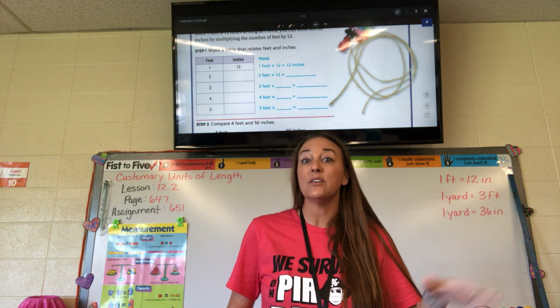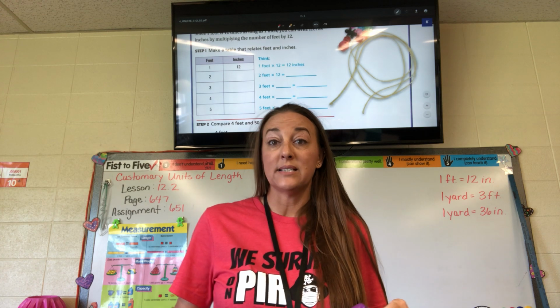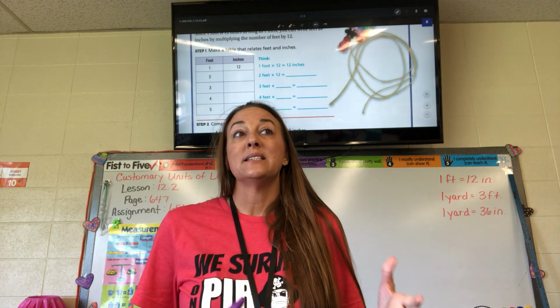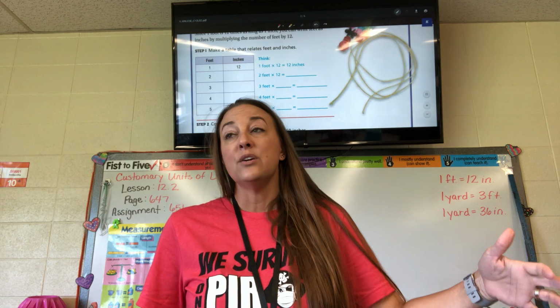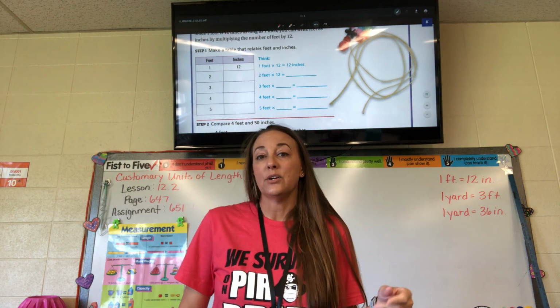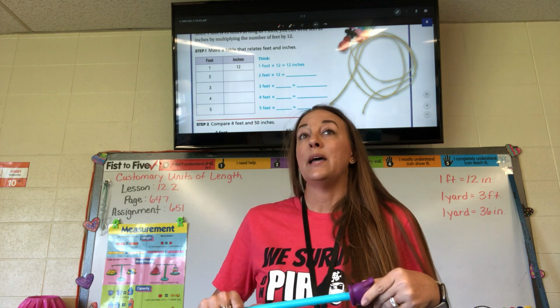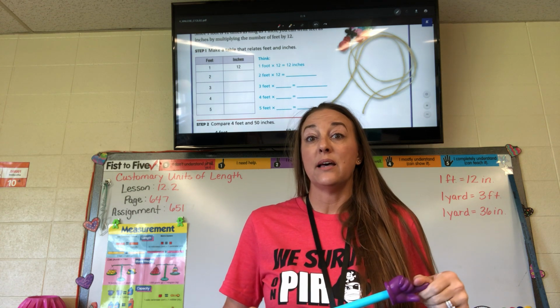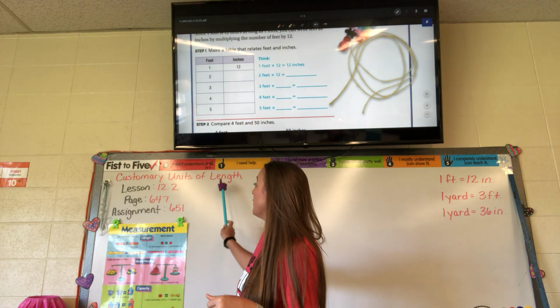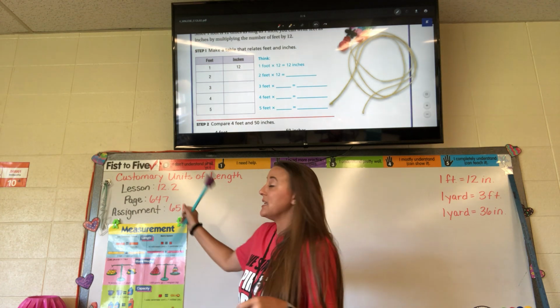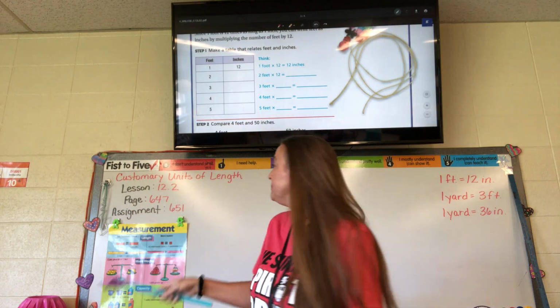Pretty much everywhere else in the world uses the metric system, and the metric system is based on tens, so it's a little bit easier in some ways to use, but the customary units of length are what we're going to focus on today, which is lesson 12.2.